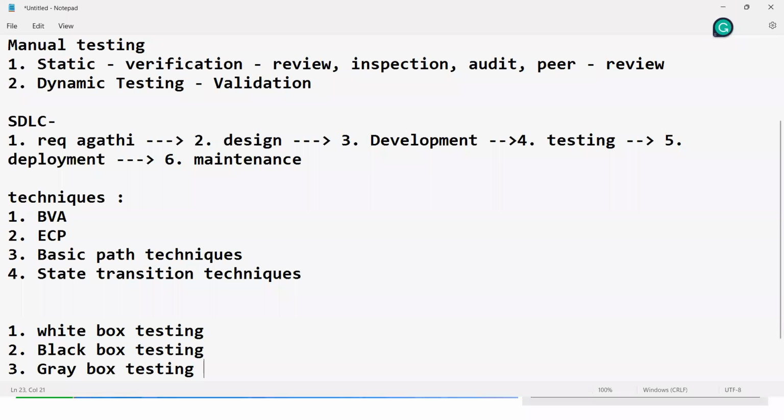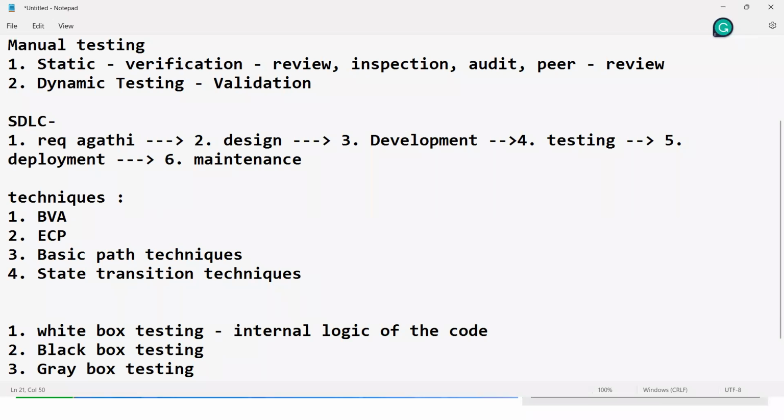They ideally have to complete their white box test execution. What is white box test execution? It is nothing but testing the internal logic of the code.